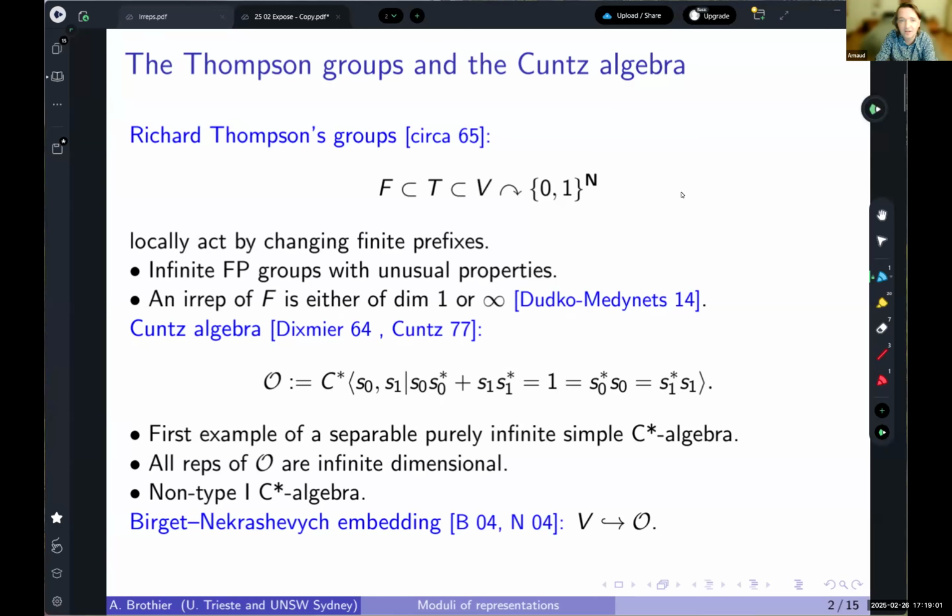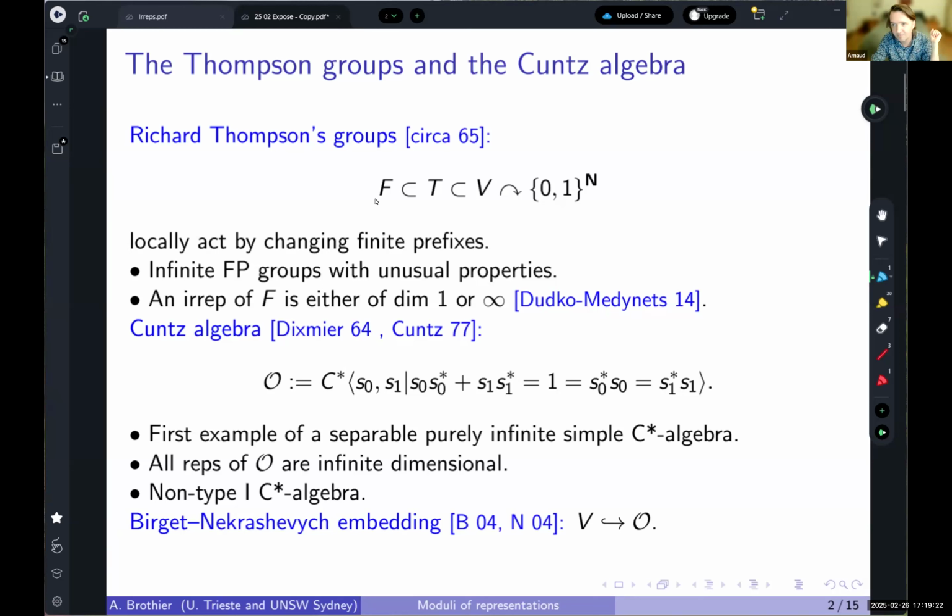So what's the difference between the three? Well, the first one, F, acts in an order-preserving way, while T acts in a cyclic order-preserving way, so it's a bit like F plus the rotation. And V doesn't care about the order.